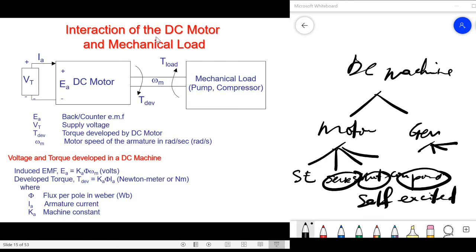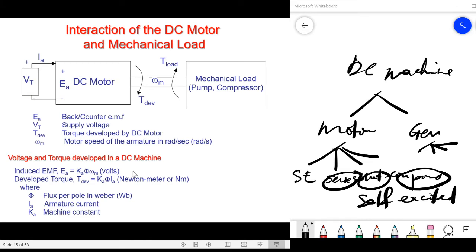Okay. So interaction between DC motor and mechanical load, macam mana cara dia? You ada DC motor and then you ada shaft lah. So DC motor ni dia convert from electrical to mechanical. Ea is the back EMF. So you bagi supply, apa tu hasil, dia akan terjadinya back EMF on your motor dan dia akan convert kepada mechanical energy.